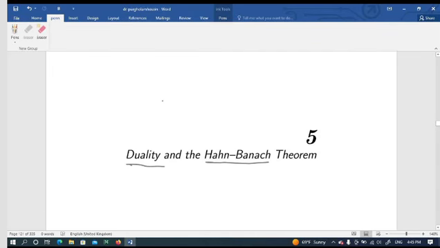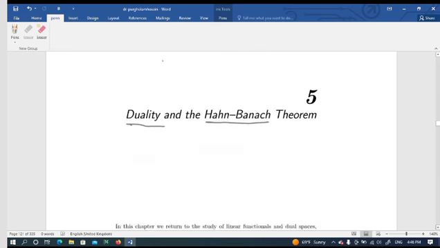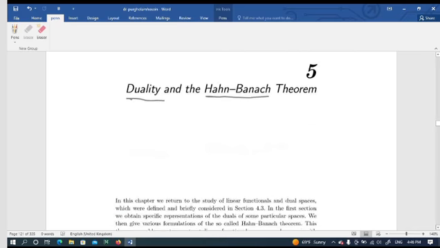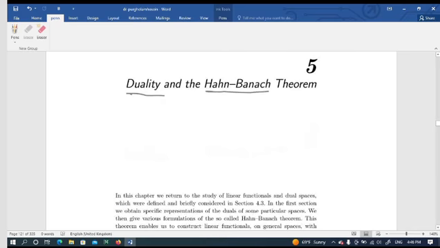Now we can deal with the duality of Banach spaces and another very important theorem in functional analysis. But I think it's enough for today.